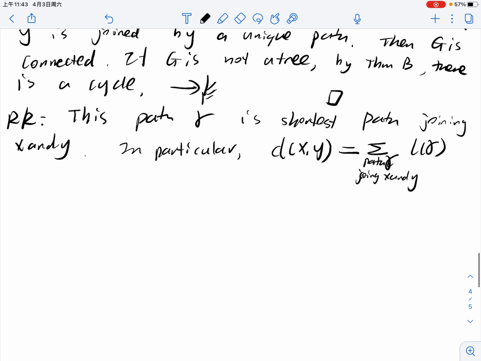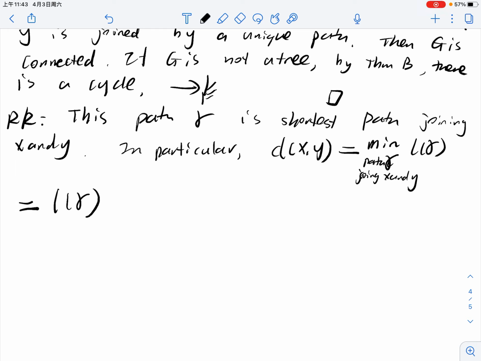Oh, sorry, this is not a summation, it is a minimum. And for a tree, this is easy. This is realized by the unique path gamma.